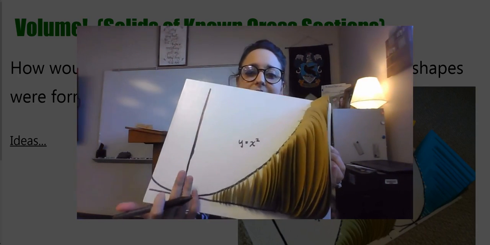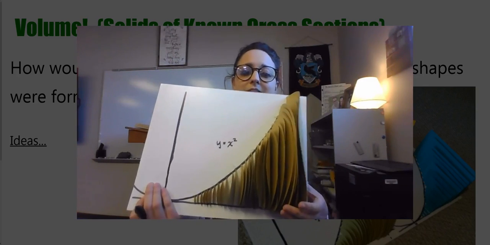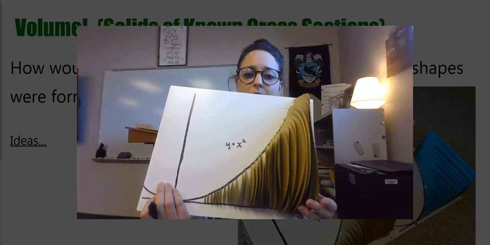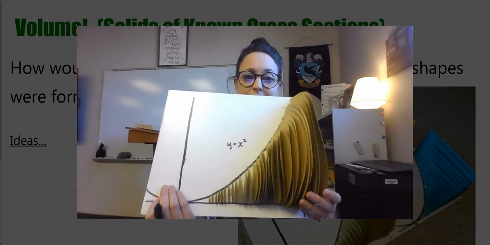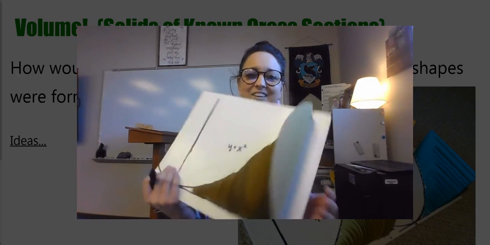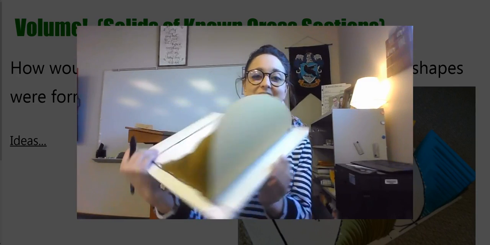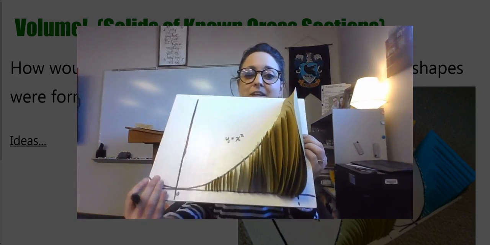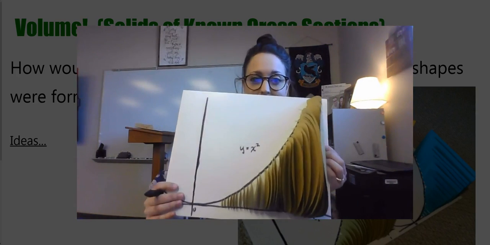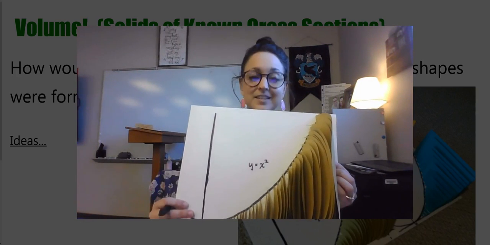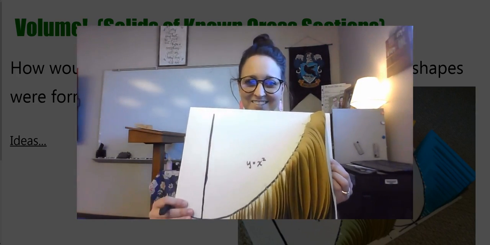And hopefully you can see, this is not a perfect replica, obviously. A perfect replica would have an infinite number of these shapes. Can you tell what kind of shape I used for this model? These are all semicircles, right? And so I'm going to sum up an infinite number of semicircles for something like this. And if I want an infinite sum, what would I use?